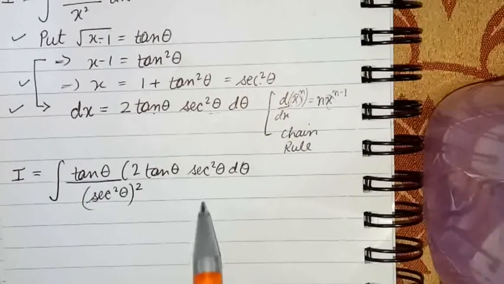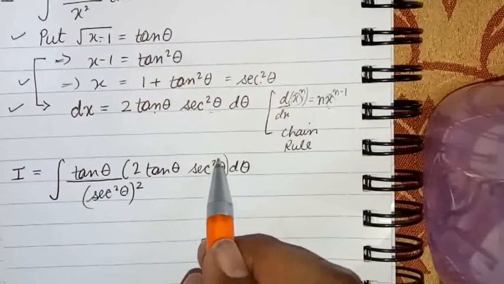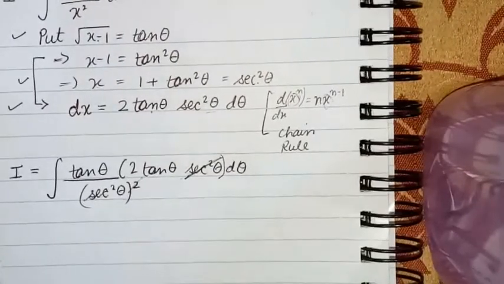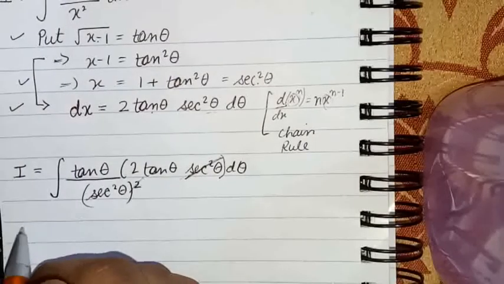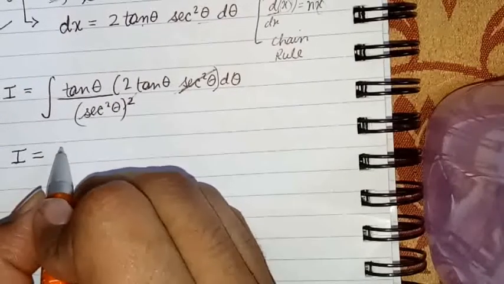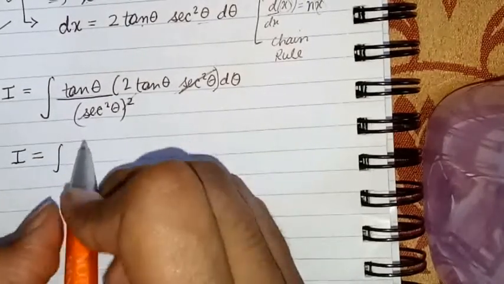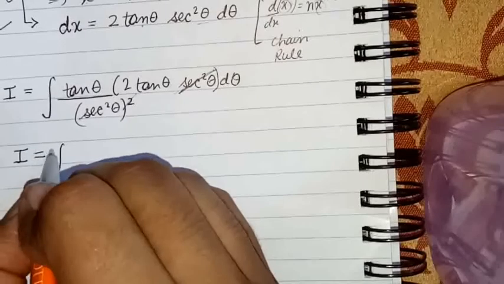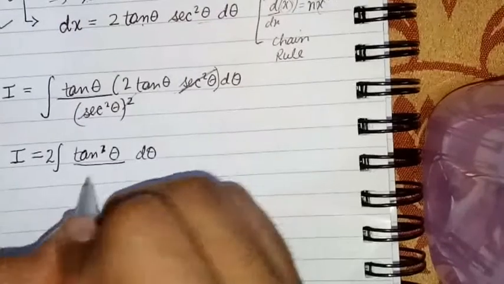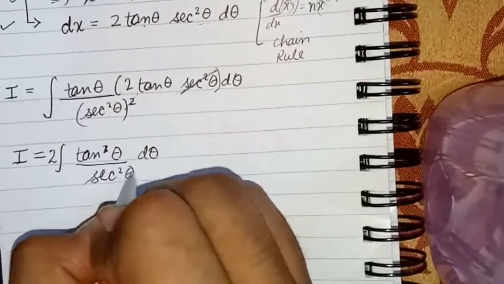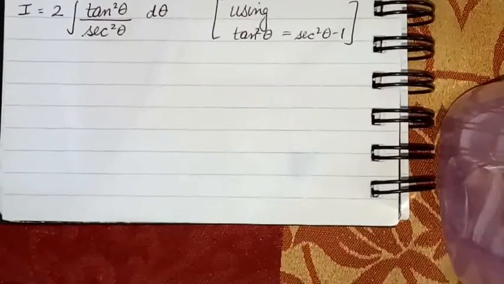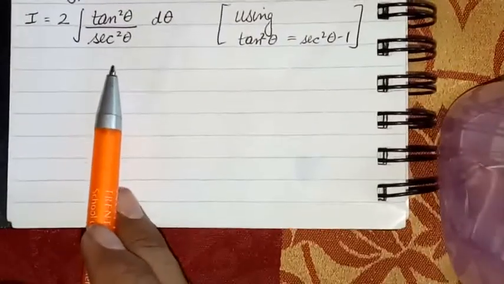Next, now this is second power of secant theta, which is going to cancel with 2 secant thetas in the denominator, and we're going to get I equals integral, see that's 2 outside, tan square theta d theta upon secant square theta, right? So I have obtained this integral so far.